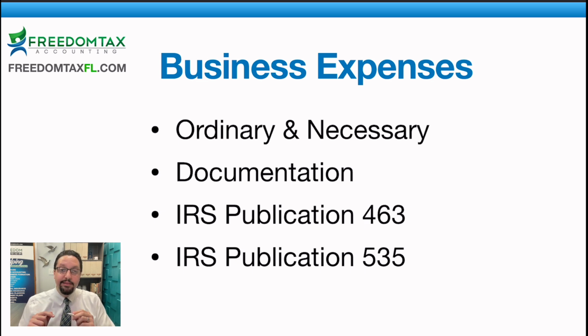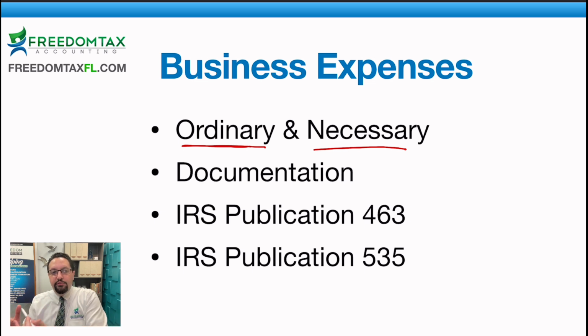Now, the IRS says that those business expenses need to be ordinary and necessary. What does that mean? Ordinary means that they need to be business expenses that are considered normal in an industry.